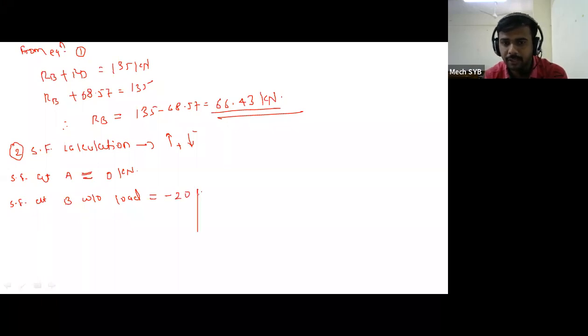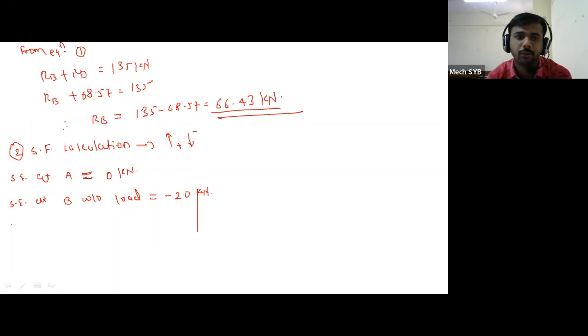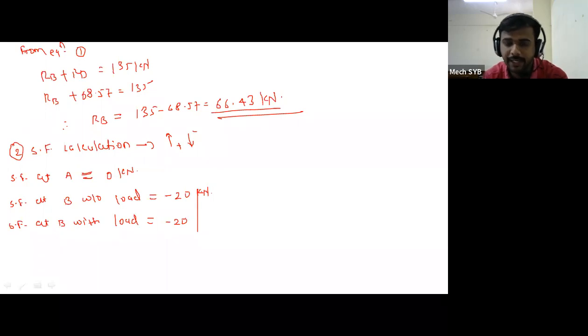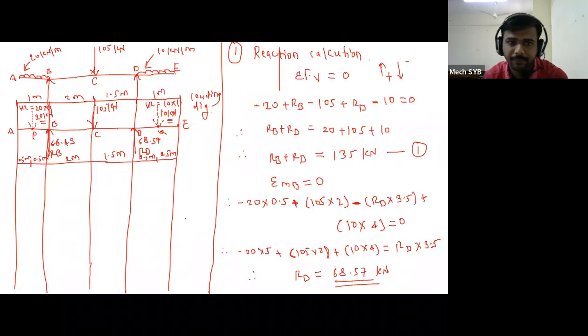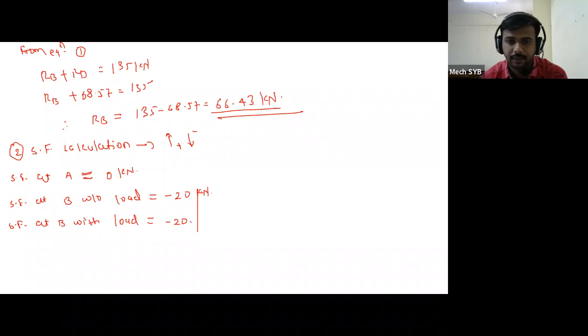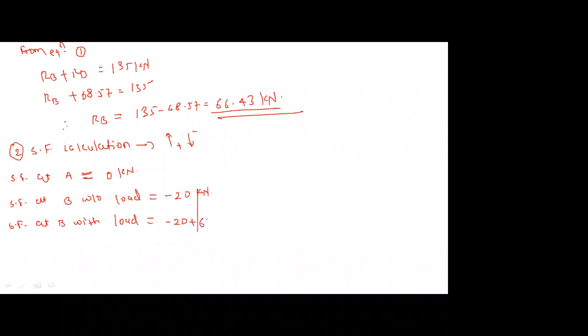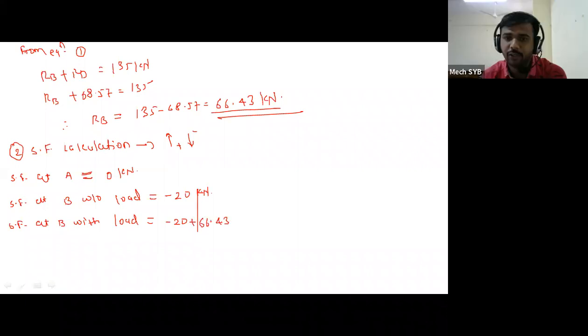That 20 is moving in the downward direction, therefore that value we have to write down negative, that is -20 kilonewton. Then SF at B with load. With load means we have to consider the left side forces plus load at that point. मग left side चा forces आहे -20. ओके, आणि रिएक्शन चा फोर्स किती आहे आपला? 66.43, and it is moving in upward direction, therefore positive.